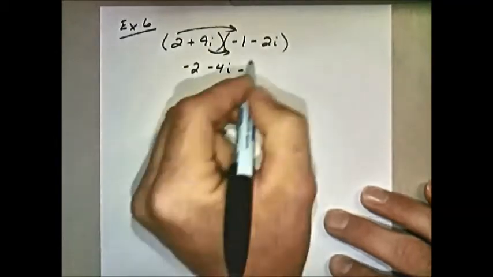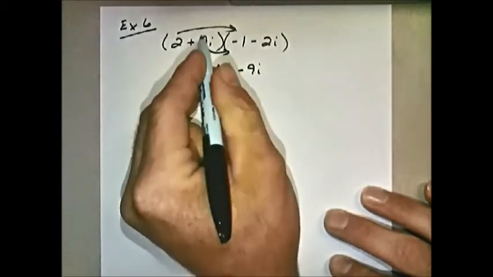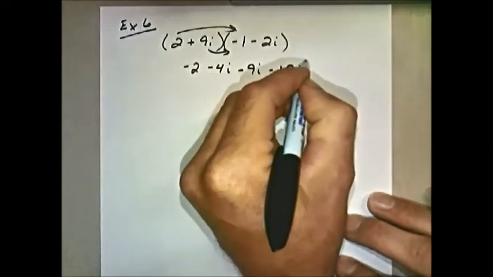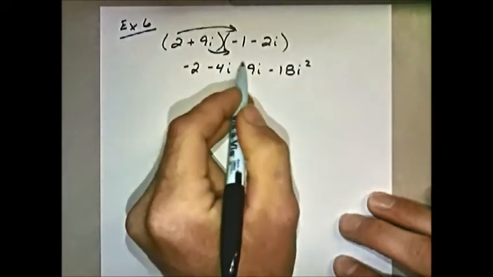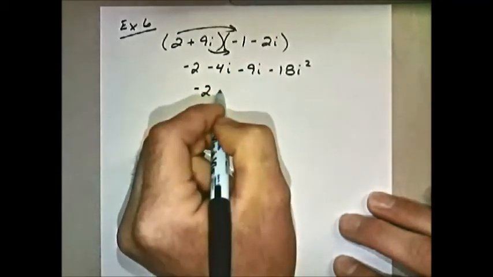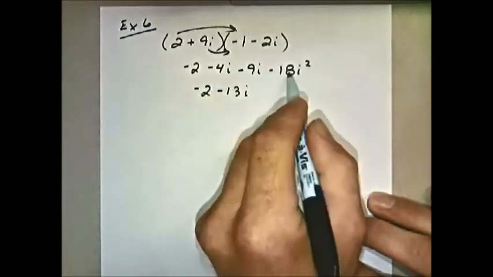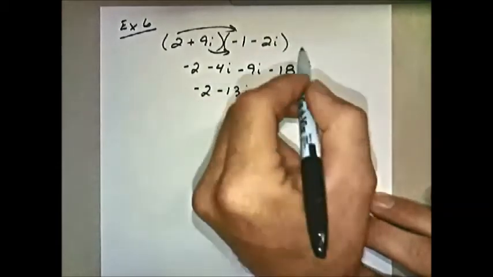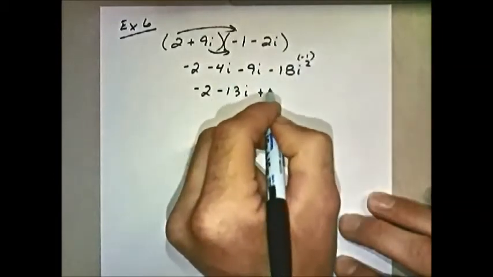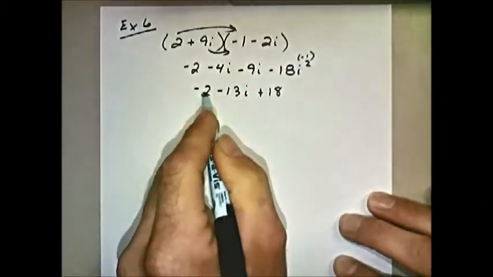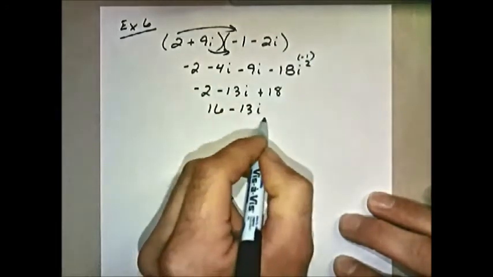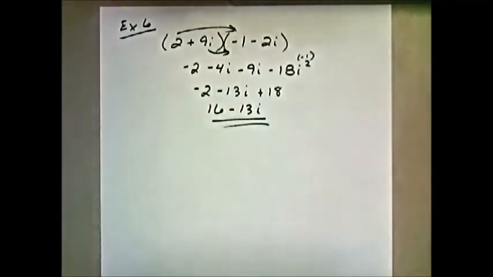Multiply the 9i through, we get negative 9i. And then 9i times negative 2i is negative 18i squared. I'm going to combine my two middle terms. So negative 4i and negative 9i is negative 13i. And negative 18i squared, remember i squared is negative 1. So negative 18 times a negative 1 gives us a positive 18. So negative 2 and 18 gives us 16 minus 13i as our final answer.